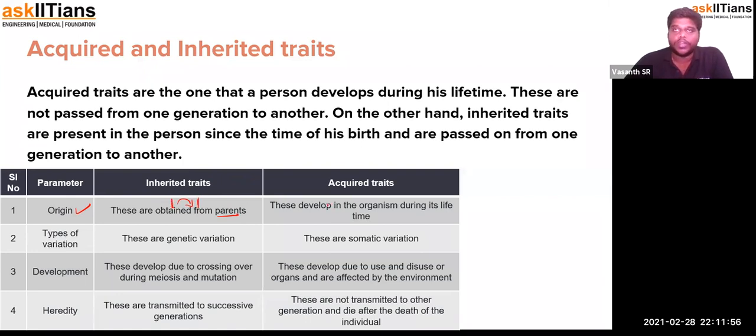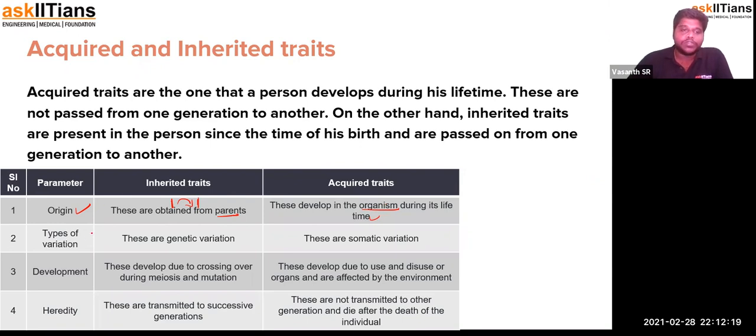But in the case of an acquired trait, it is a characteristic the organism developed during the process of its lifetime. Which means the characteristic that the organism possesses would have been acquired through the time that the organism survives in this life. So that's the first difference.